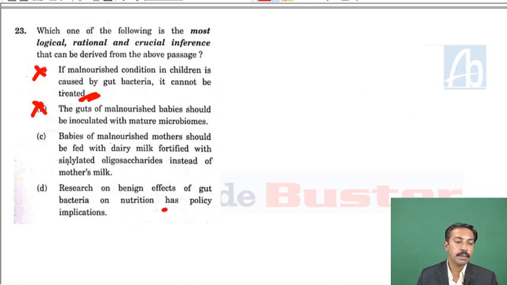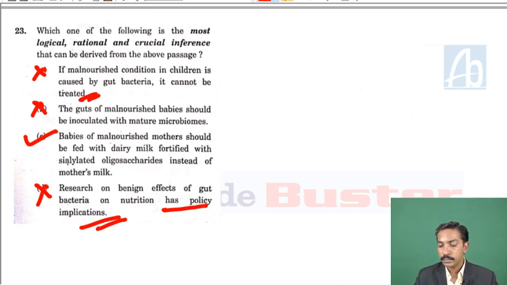Option D is completely irrelevant. There is no reference to policy implications. Right choice is option C. We do have such a reference where there is a sentence that says, according to some studies, the chemical composition of mother's milk has shown the presence of modified sugar, sialylated oligosaccharides.